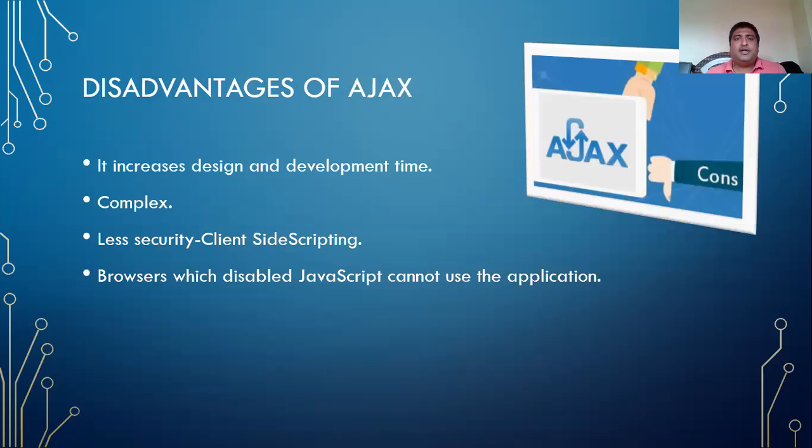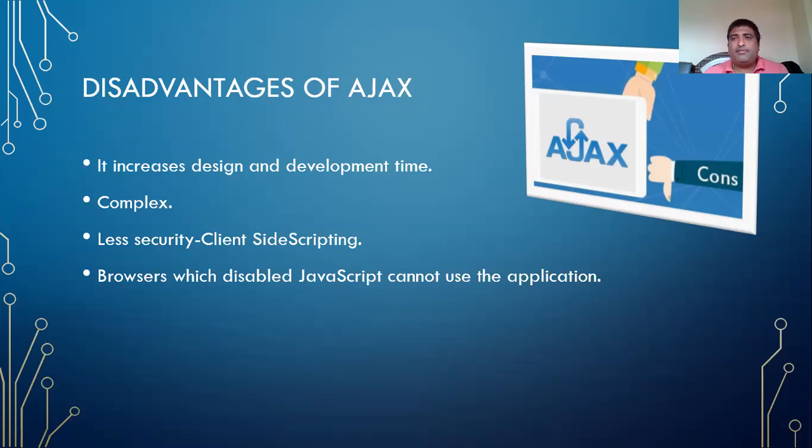Next point is disadvantages of Ajax. It increases the design and development time as we have to implement new technology in our web page. So it takes some time for development and it increases the design code. If we want to develop a complex application, then the Ajax code may get complex.